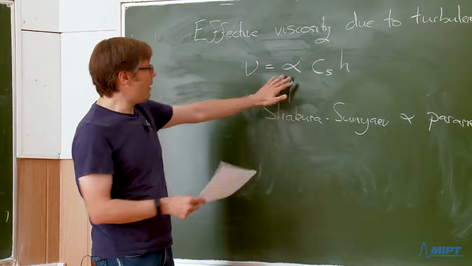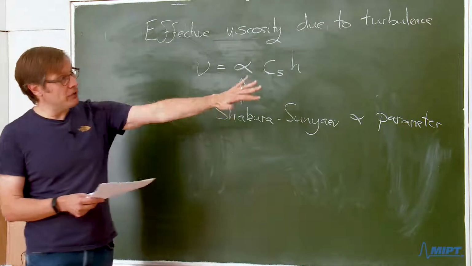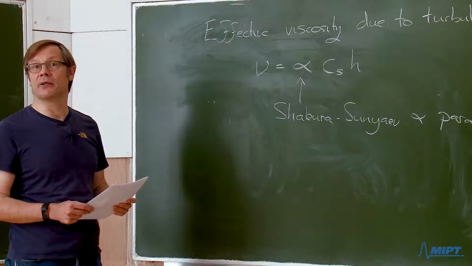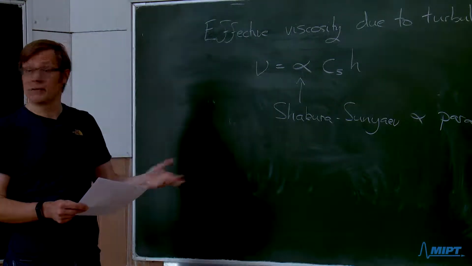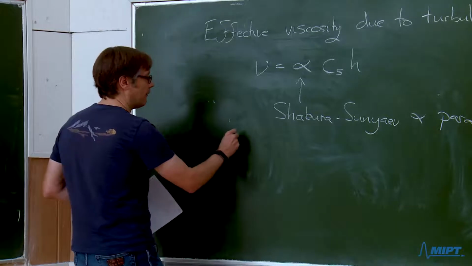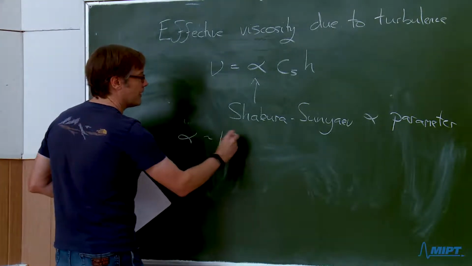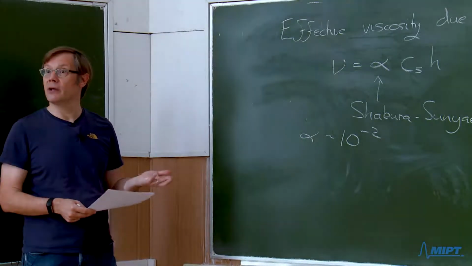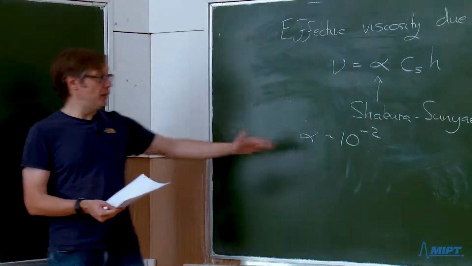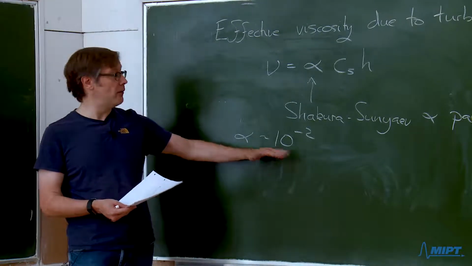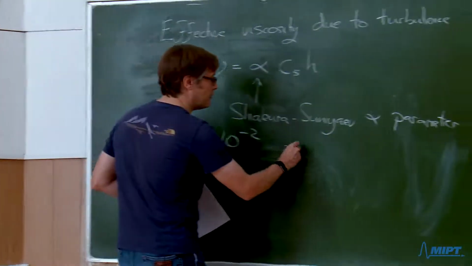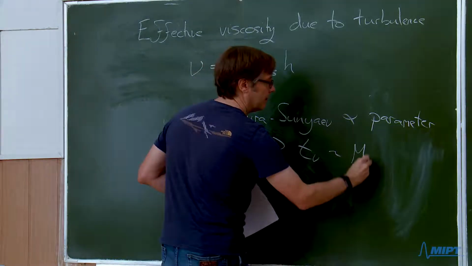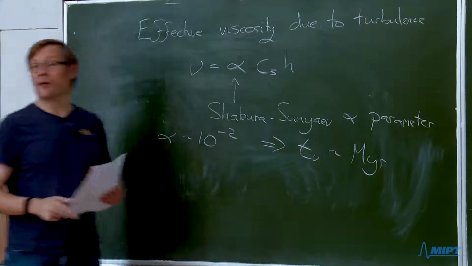And if you ask how large alpha needs to be in order to reduce that viscous timescale from the 10 to the 13 years you would have from molecular viscosity to more like 1 million years, then you would infer that alpha in protoplanetary disks is maybe of the order of 10 to the minus 2 or 10 to the minus 3. Okay, so it's a number that's smaller than 1, but not vastly smaller than 1. So an alpha of this magnitude leads to a viscous time which is of order of millions of years.